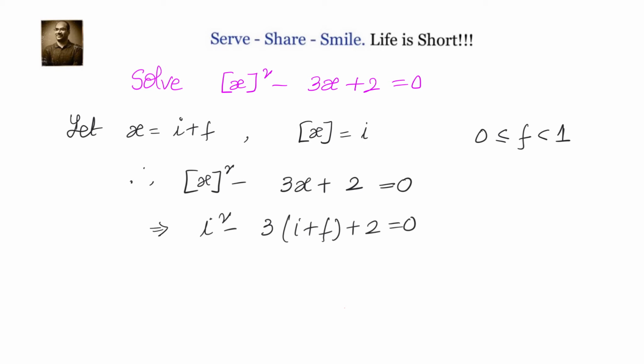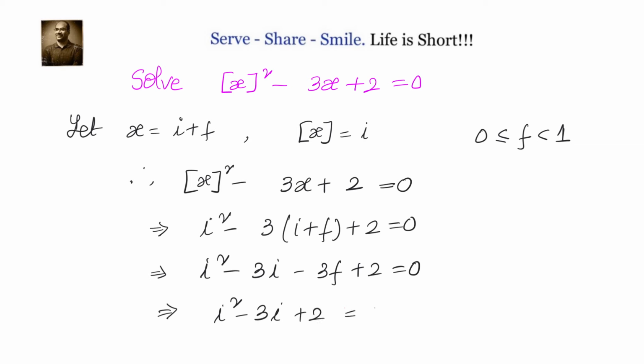Let us simplify this. We have I squared minus 3I plus 2 equals 3f. Now the fractional part always lies between 0 and 1, so 3 times f will be lying between 0 and 3. Also, on the left hand side, I squared minus 3I plus 2 can be written as I minus 1 into I minus 2.